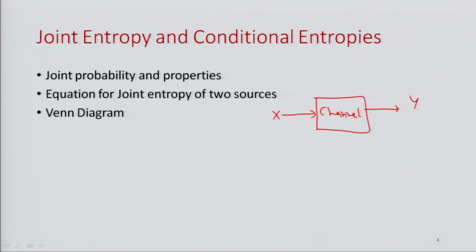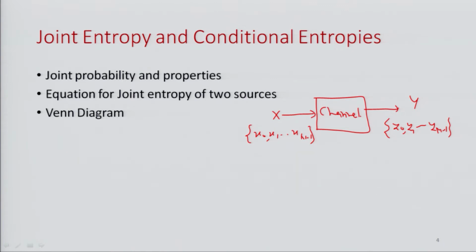This is the source with symbols x naught, x 1 up to x n minus 1, and Y may be a source with symbols y naught, y 1 up to y m minus 1. Suppose this is the set for output Y. Then if you need to calculate the joint entropy, we need such an example.